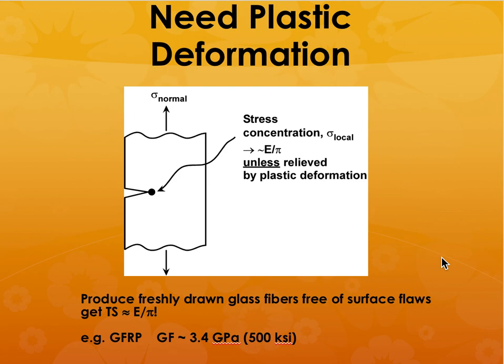Suppose you took freshly drawn glass fibers. I don't know if you have ever seen how glass fibers are drawn. It's like a couple of stories, a couple of building heights. So you pull melted glass from the top to the bottom, and as you are pulling it, it creates a fiber that is maybe 5 to 10 microns in diameter.